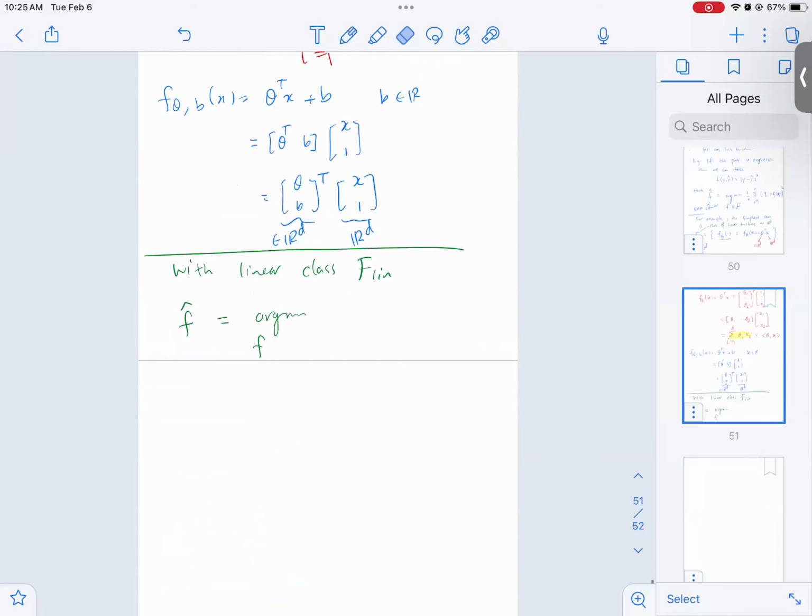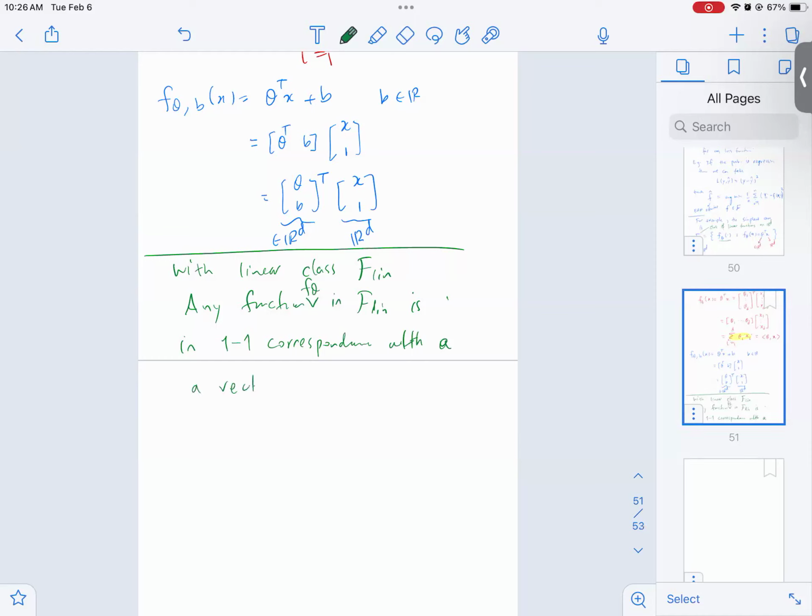So let's say f is any function in F-lin, and any function f theta is in one-to-one correspondence with a vector theta in Rd.